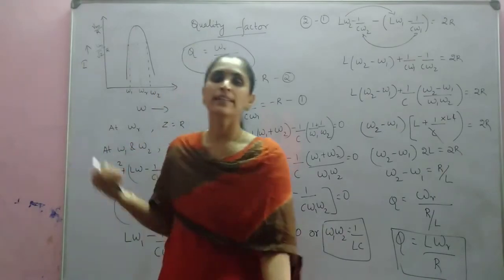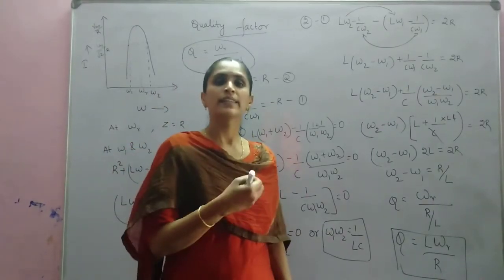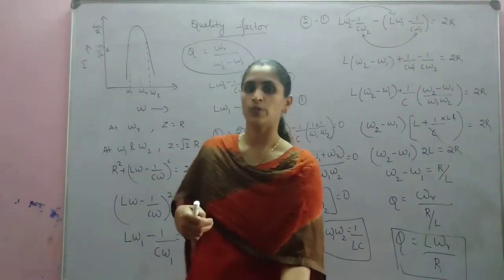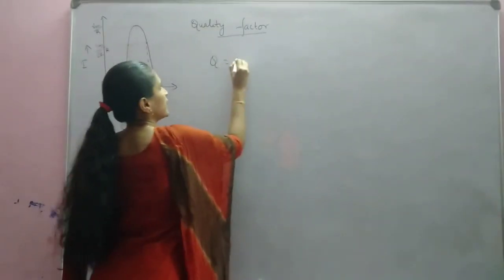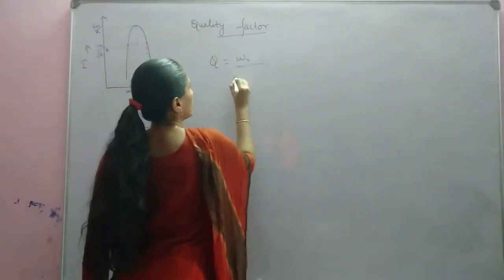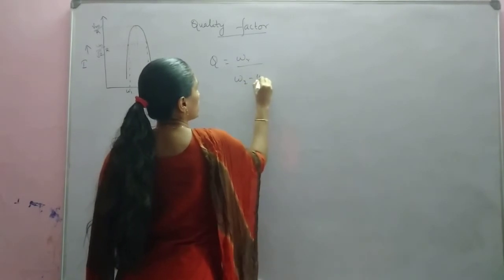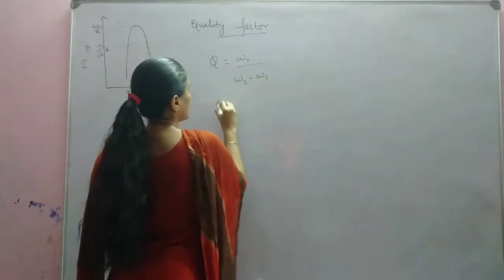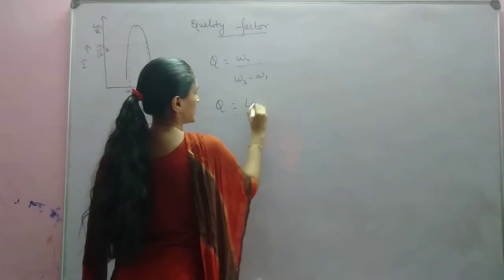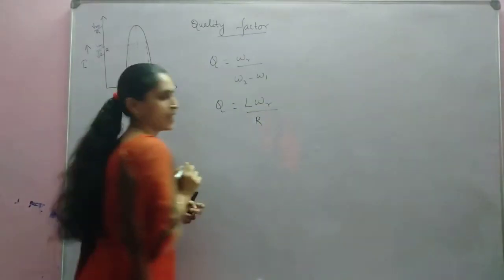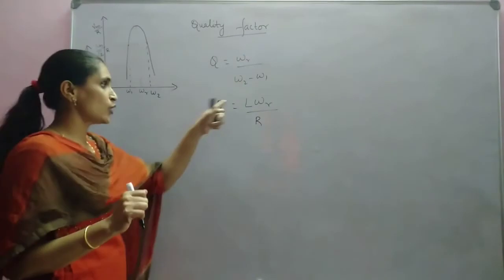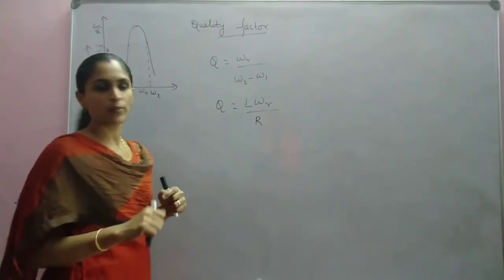Now we will discuss quality factor in terms of capacitance. So quality factor is omega r by omega 2 minus omega 1, or we can write quality factor, just as we discussed, as L omega r by R. And we know that at resonance L omega r is equal to 1 by C omega r.